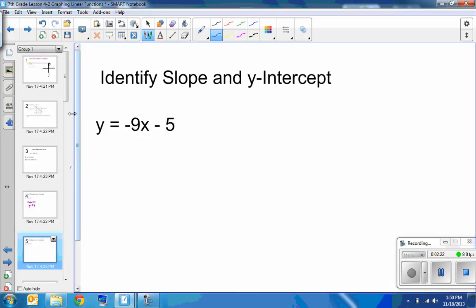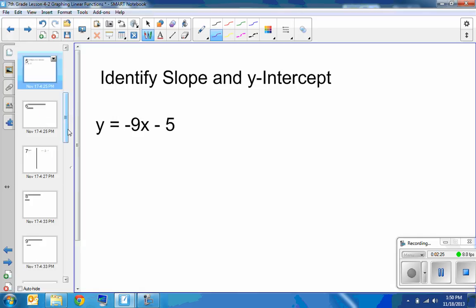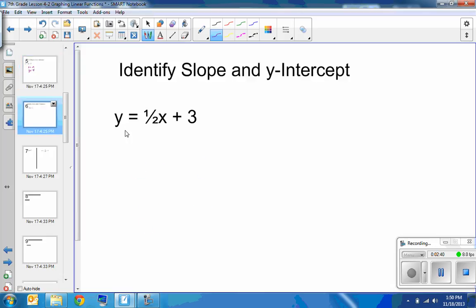So let's look at this one. Our slope is -9, and our y-intercept is -5. Here, what would our slope be? And what would our y-intercept be?